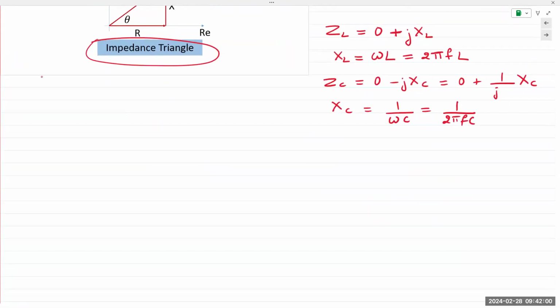So if you take the voltage for an inductor, voltage leads current by 90 degrees. So that means theta V minus theta I is equal to 90 degrees. For a capacitor, it's the exact opposite.